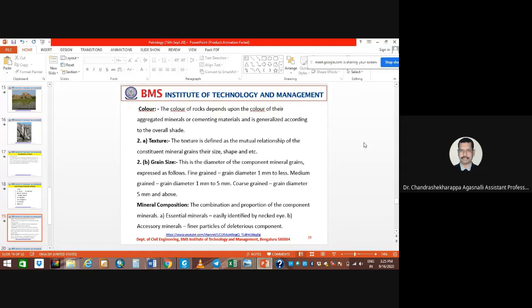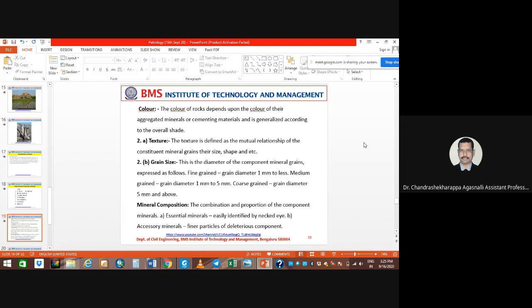Okay. So the color of rocks depends on the color of their aggregate of minerals. What the majority of the minerals inside the rock are, the color will reflect. Like a face is the index of mind. If you see the face, you can easily understand what's going on in their mind.